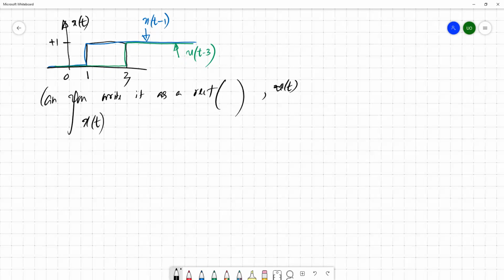Then this block can be represented as u(t - 1) minus u(t - 3).